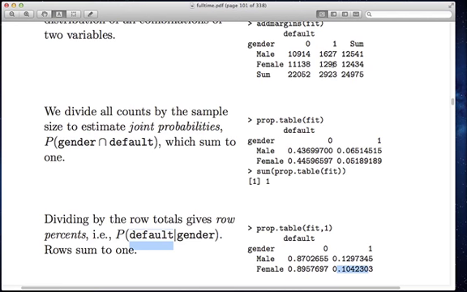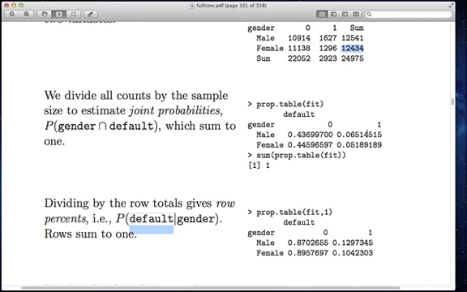It's 1,296 divided by 12,434. So we can say that a higher percentage of females are retained than males. Males are more likely to default, is the story here. If you're male, there's a 13% chance that you go away. If you're female, there's about a 10% chance. So a bit of a difference.